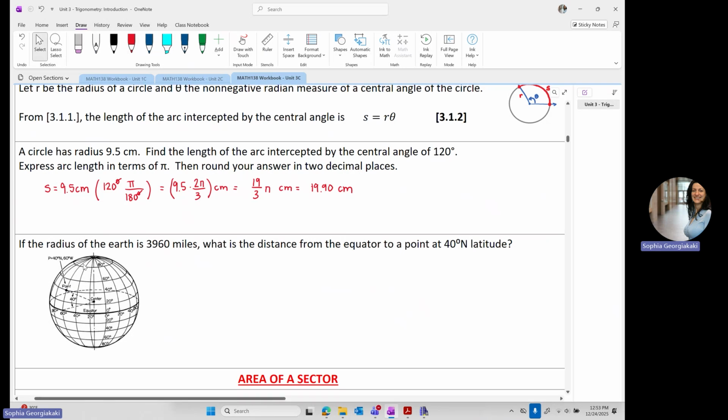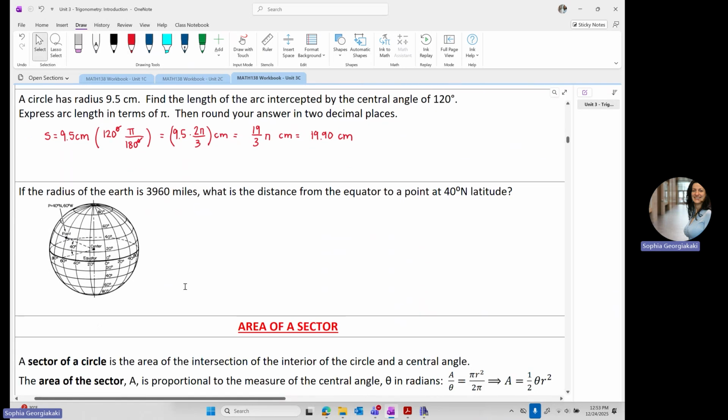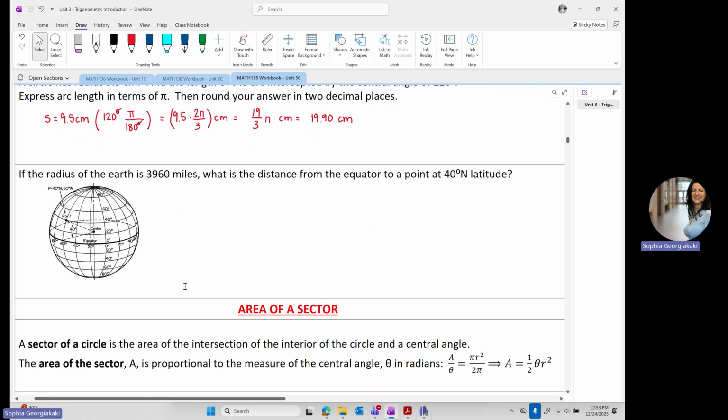If the radius of the Earth is 3,960 miles, what is the distance from the equator to a point that is 40 degrees north? So again, that will be an arc length on a circle, assuming that this is a sphere.